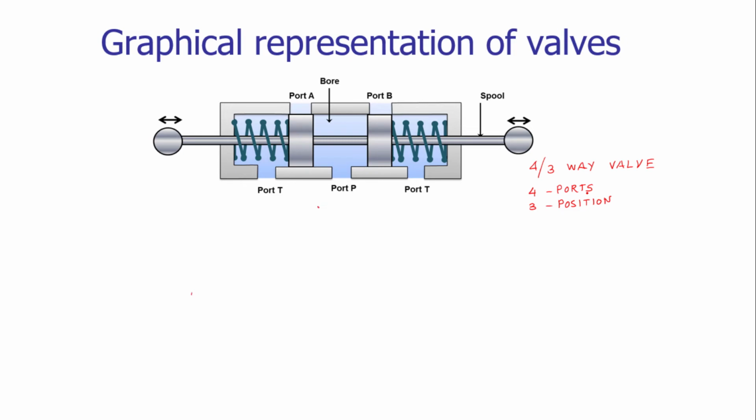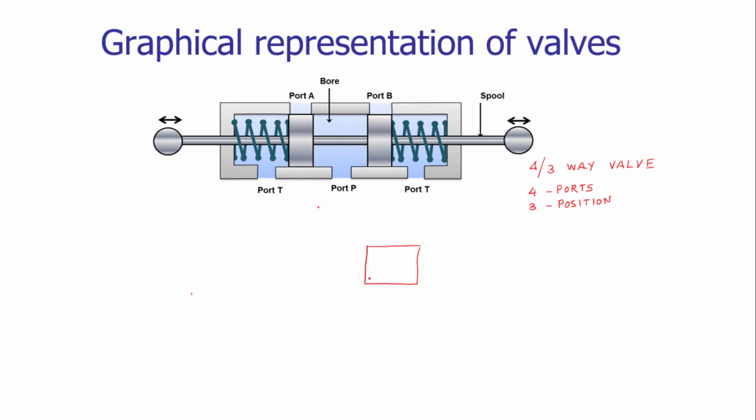The default position is seen on your screen, that is the blocking, it's a holding position. The port A is blocked, the port B is also blocked, and they are at hold position. Through pressure port P as well, no fluid is going to port T and ports A and B. So by default, the center position is the hold position, or the neutral position.